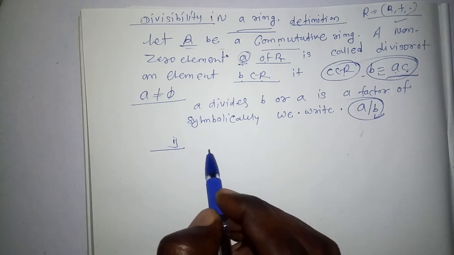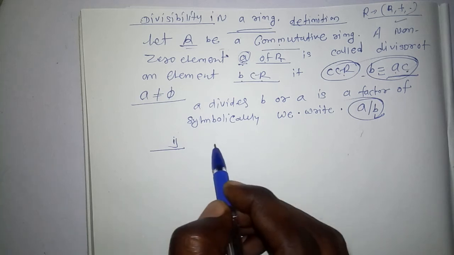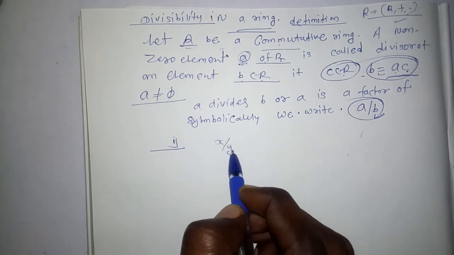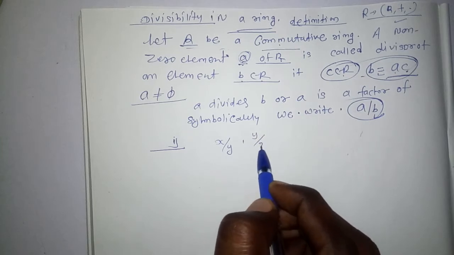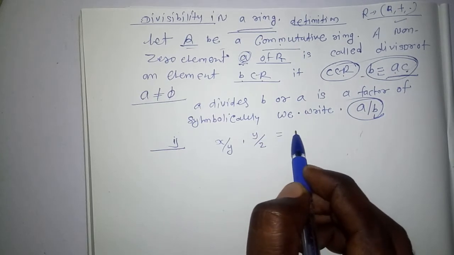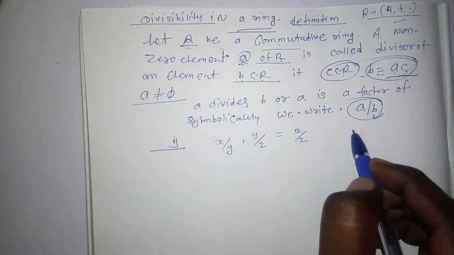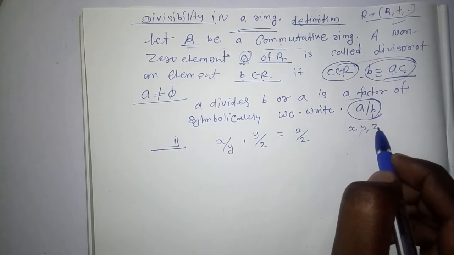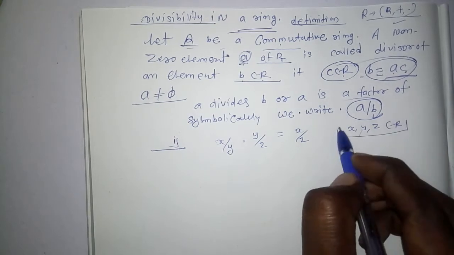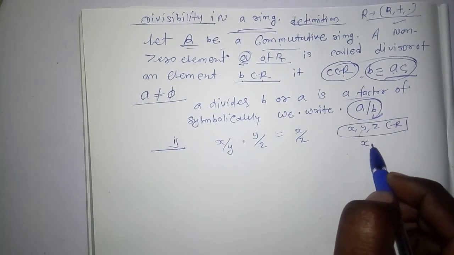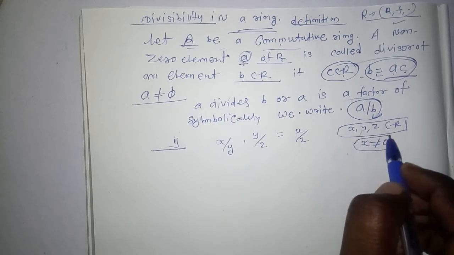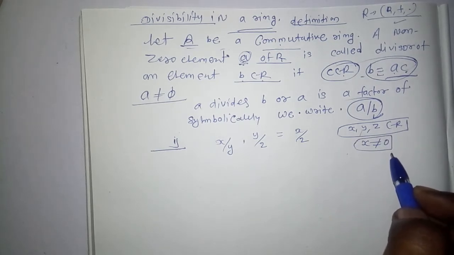So using this property we can also prove other results. First is: x divides y and y divides z implies x divides z, students. Now x, y and z also belong to R, and x is never equal to 0.